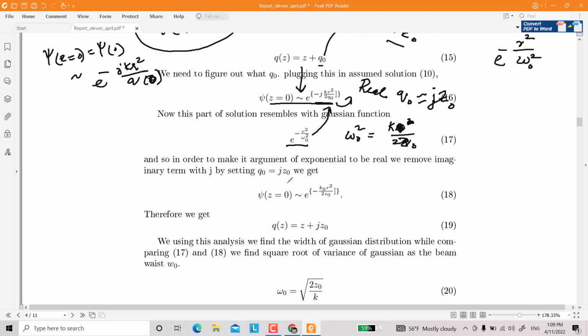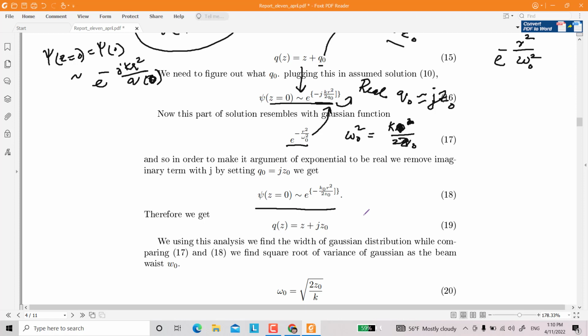So now we got q naught to be j z naught. So if you put this here, we get this thing, meaning the exponential term, while putting q naught to be an imaginary number, j z naught.